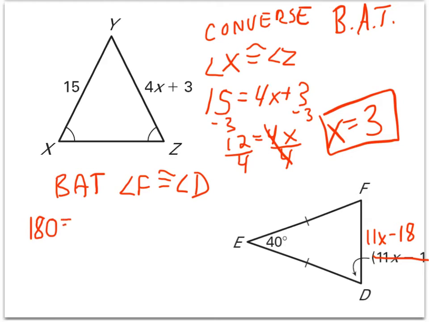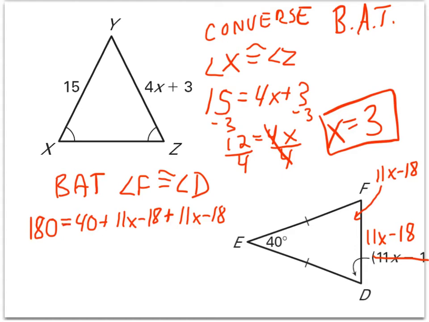So 180 is going to be 40 plus 11x minus 18 plus another 11x minus 18. We can add 11x minus 18 twice because, using the base angles theorem, this should also be 11x minus 18. So we just have to carry out the algebra, combining like terms.